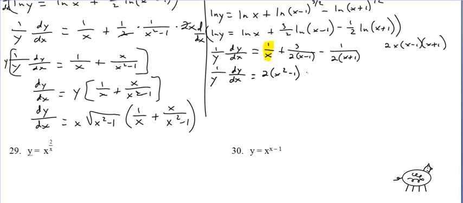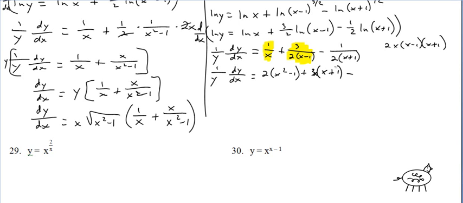Okay, and then the second one here, I'm going to multiply it by x times x plus 1, so I get plus 3 times x, x plus 1.